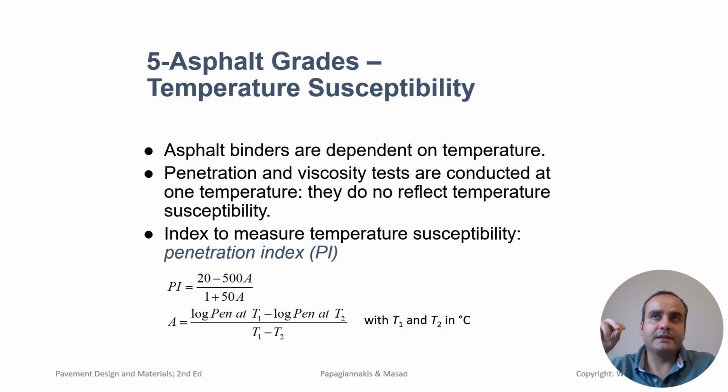For instance, in hot climates, a temperature-susceptible binder might soften too much, causing the pavement to deform under the weight of vehicles. Or in cold climates, the same binder could become too stiff and brittle, leading to cracks when the pavement contracts due to cold temperatures.